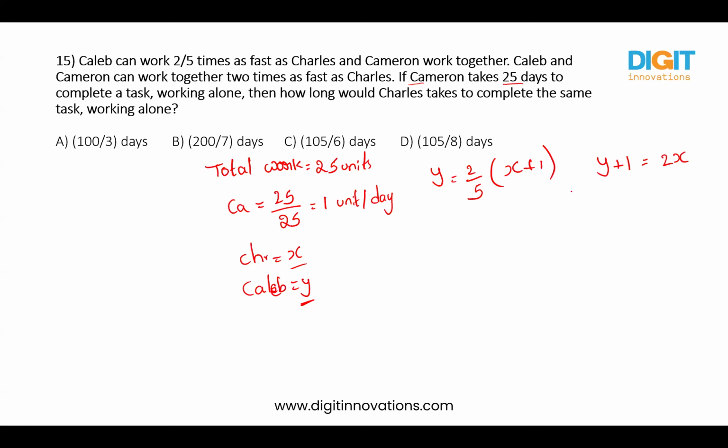So I'm placing this Y value here. Then I'll get 2 by 5 x plus 1 plus 1 equal to 2x.